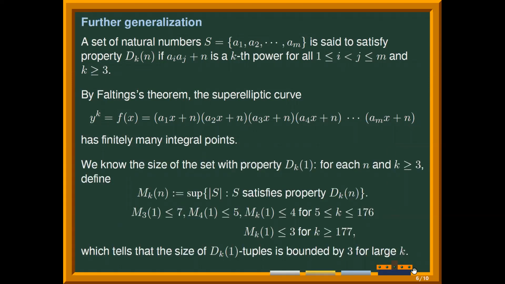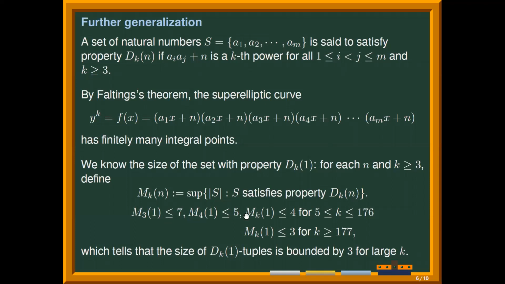There are many known properties about this D_k(n), but especially for when n is equal to 1, if we define M_k(n) to be the supremum of the size of such S which satisfy the property D_k(n), what's proven, for instance, is that when k is 3, namely when you have y cubed on your left side, the size of the set with property D_3(1), namely a set where the product of two distinct elements plus 1 is a cube, should be bounded by 7.